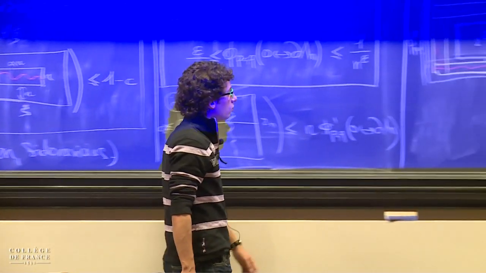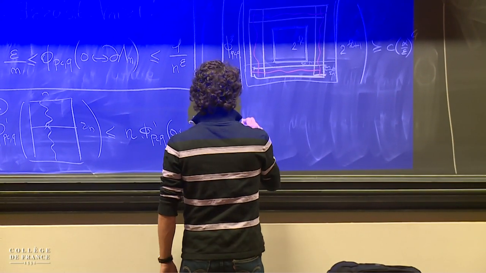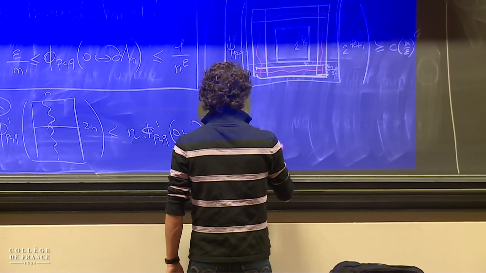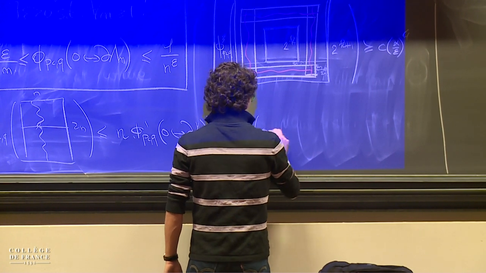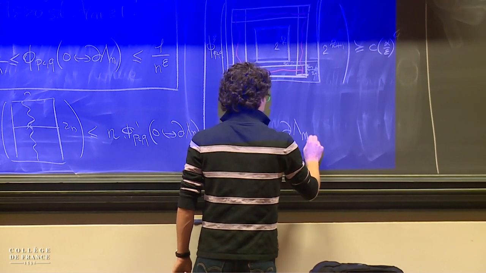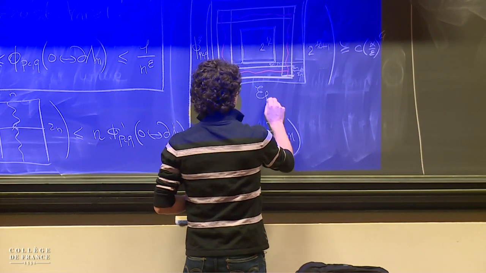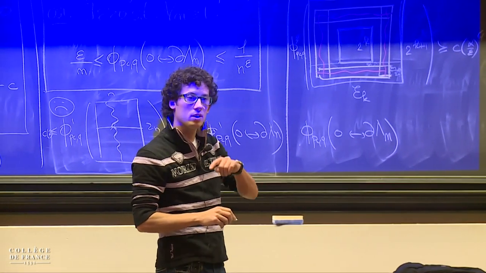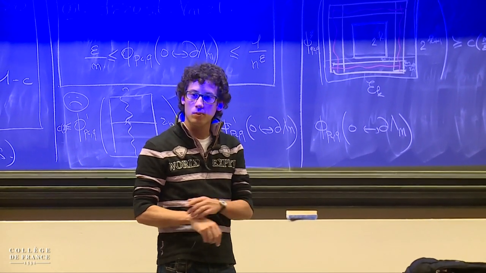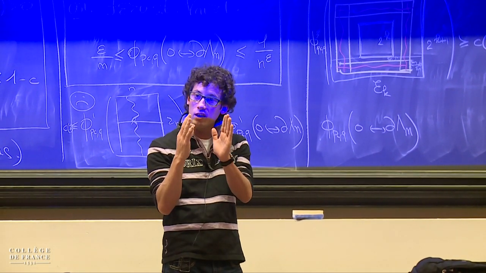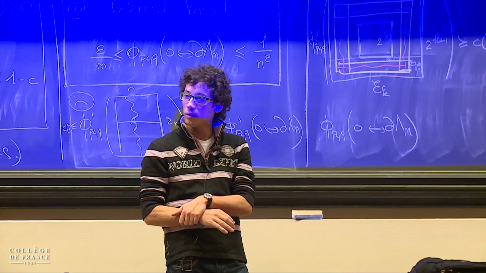So now how do I bound the probability at PC and at Q of having 0 connected to the boundary of the box? Well, let's call this event EK, the event that there is a dual path, say, surrounding the box in the annulus between scale 2 to the k and scale 2 to the k plus 1.